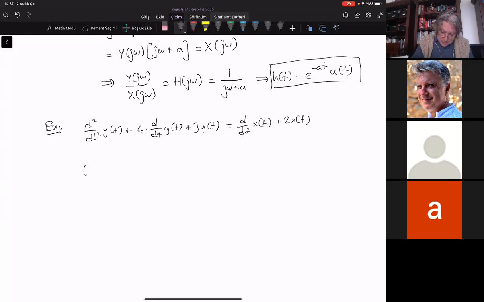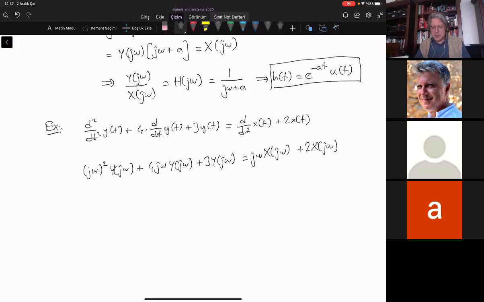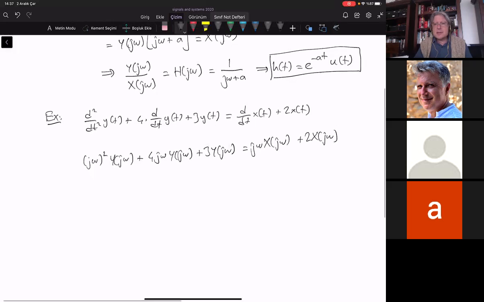So (j omega) squared, for instance, times y of j omega plus 4j omega y of j omega plus 3 y of j omega is equal to j omega x of j omega plus 2 x of j omega. Now it's a longer expression, but the left-hand side and the right-hand side of the equations can be put into parentheses of y of j omega and x of j omega.